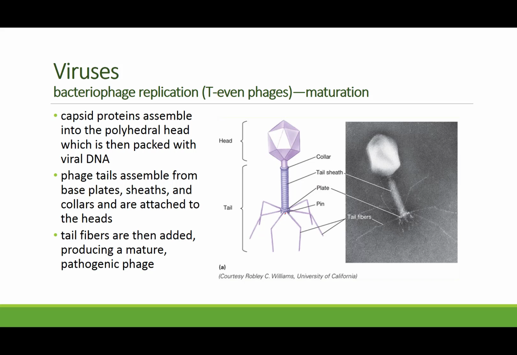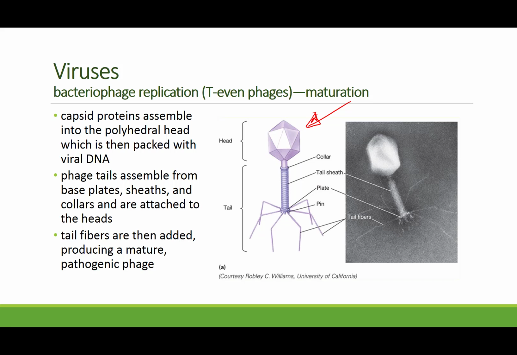Maturation, then, is the process of assembling virus particles from all of these newly built materials. So the capsid proteins assemble into this polyhedral head, this kind of oddly shaped head there. That's a polyhedron, is the shape of that head. And then the viral DNA is packed inside of it.